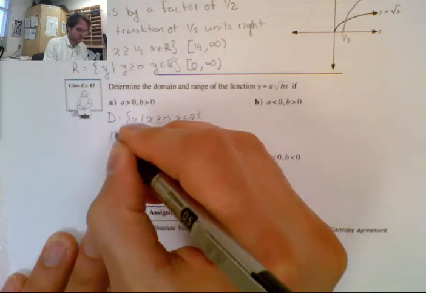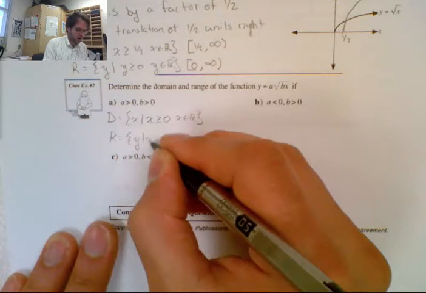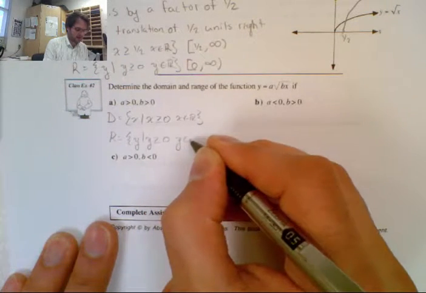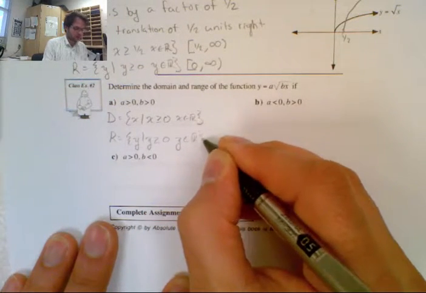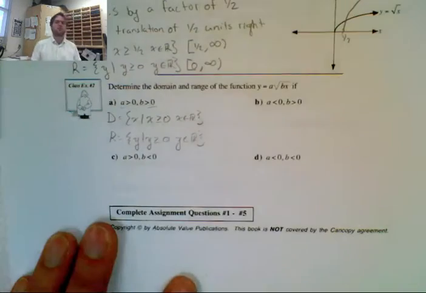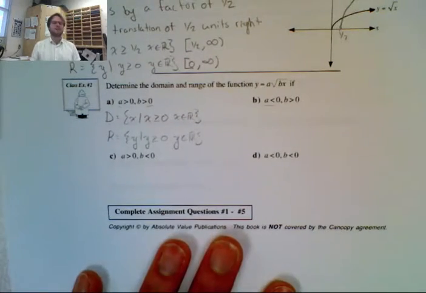Okay, and we're going to have my range, looking at y such that y is greater than or equal to 0, and y is an element of all real numbers. So this is just for every time they are both positive, because if I look at this, there's absolutely no reflections.